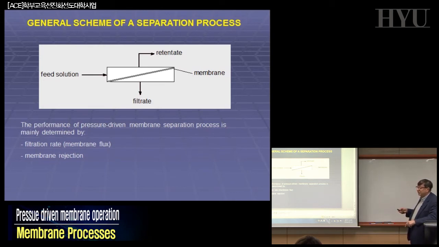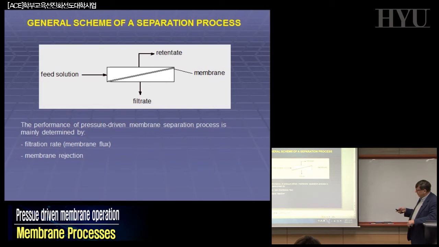One you can call retentate, which is the stream in which all the species not going across the membrane accumulate. The other we call permeate or filtrate, in which are all the species that go through the membranes. And that is the situation that characterizes all membrane operations.